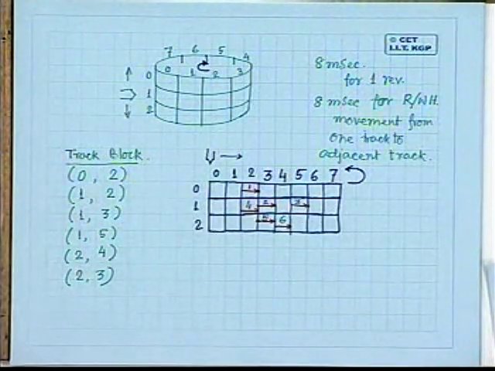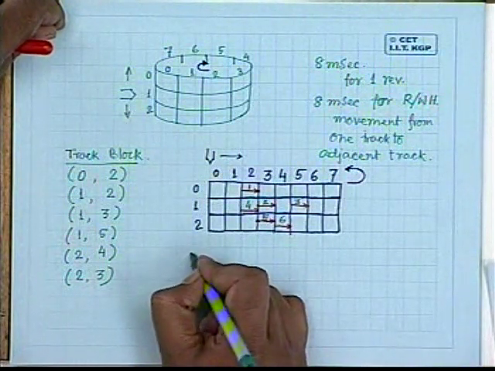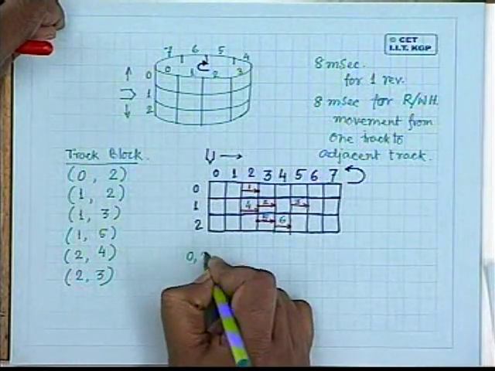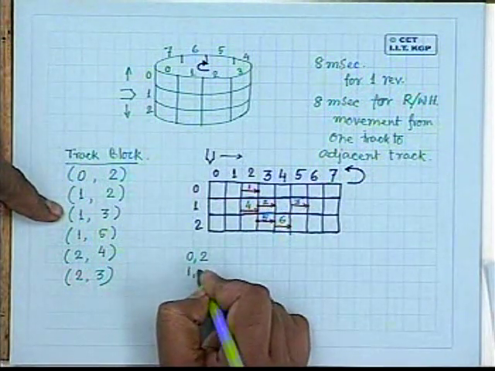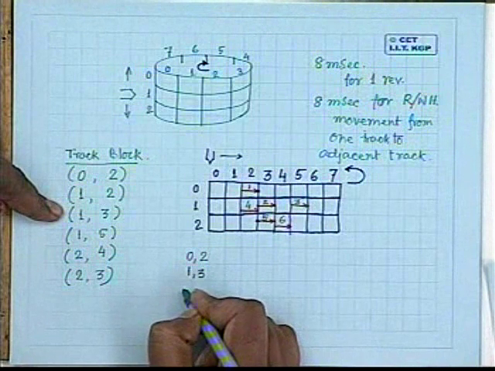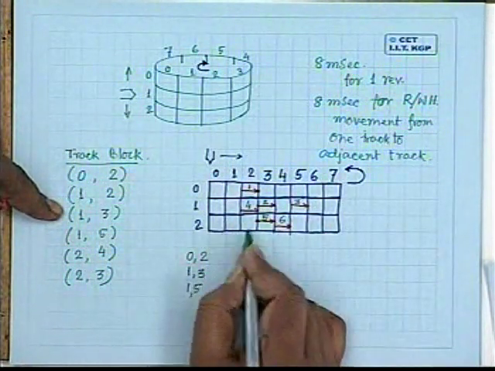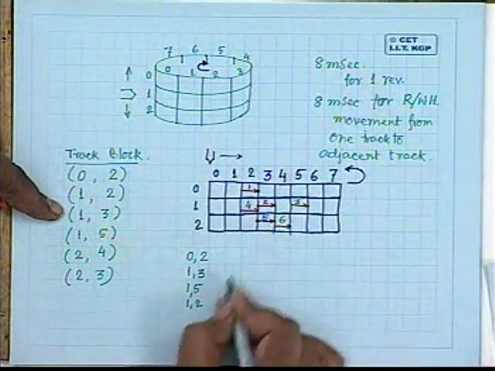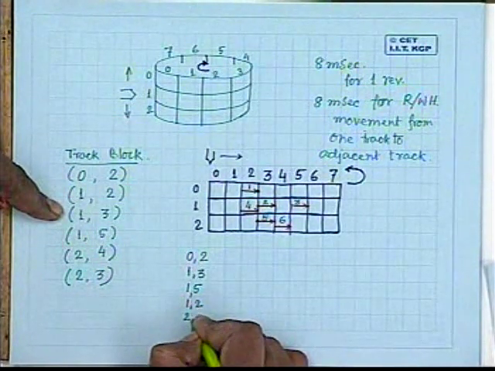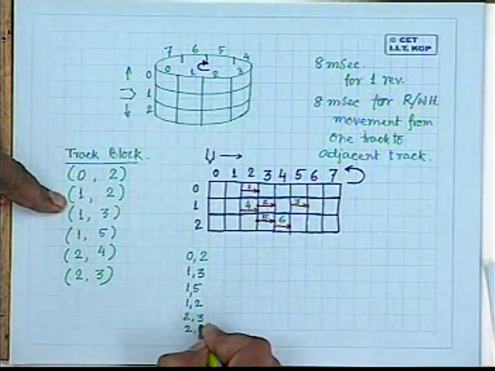So this will be the reschedule. Firstly, I will read block number 0, 2 as given in the sequence. Next read will be for block number 1, 3, then for 1, 5, then for 1, 2, then for 2, 3, followed by 2, 4.